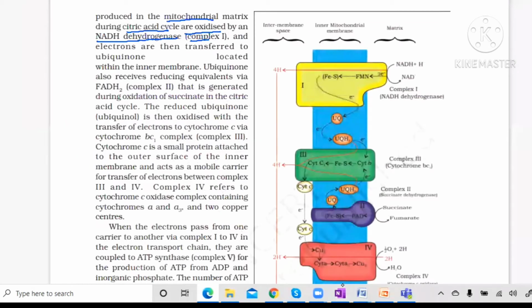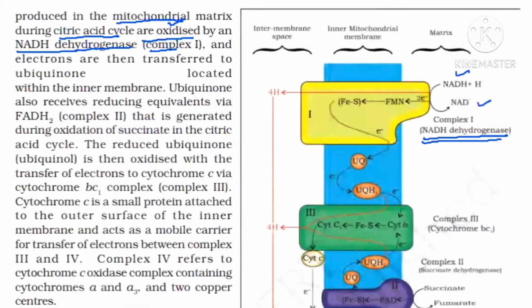So complex 1 is oxidizing NADH and giving it to ubiquinone. You can see the board carefully. This is your complex 1, NADH dehydrogenase. NADH is changing into NAD plus, and it is giving to this yellow colored part; you can see FMN is present in the enzyme.